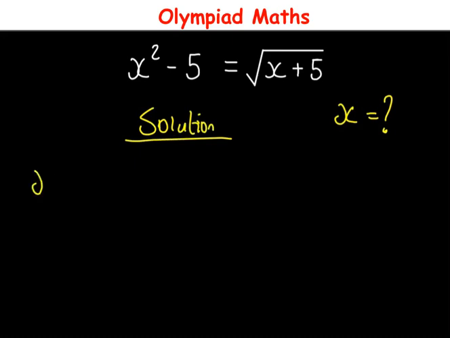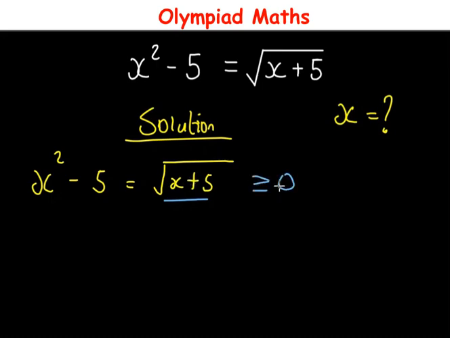So we have x squared minus 5 equals square root of x plus 5. Now, I want you all to note that since x plus 5 is under this radical sign, it will have a value that is greater than or equal to 0.